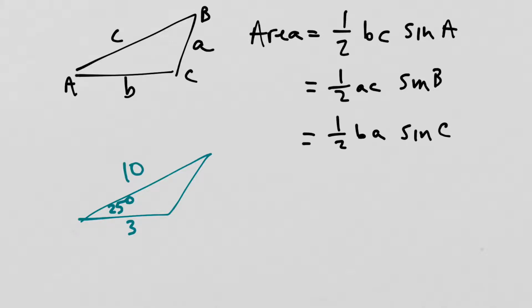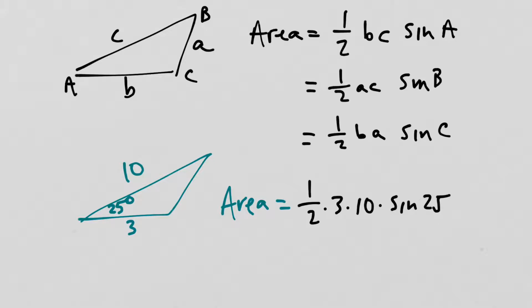So now our formula for area, and I always write out the word area because if you use A, it gets confused with the angle A. But usually the sides don't really matter, all right? Because notice we have our side, we have our angle, and we have our side. So our formula is going to be 1/2 times 3 times 10 times sine of 25.